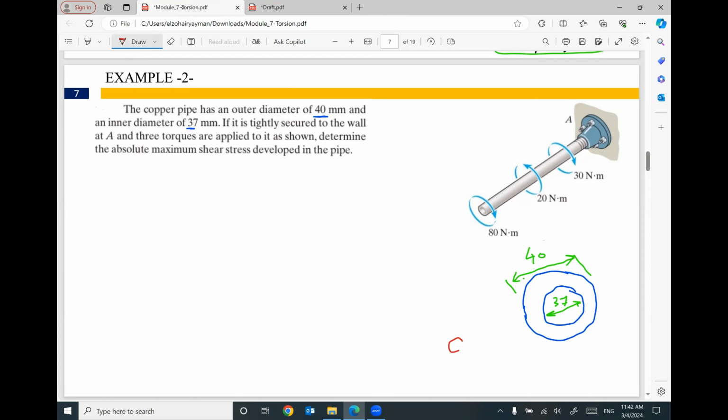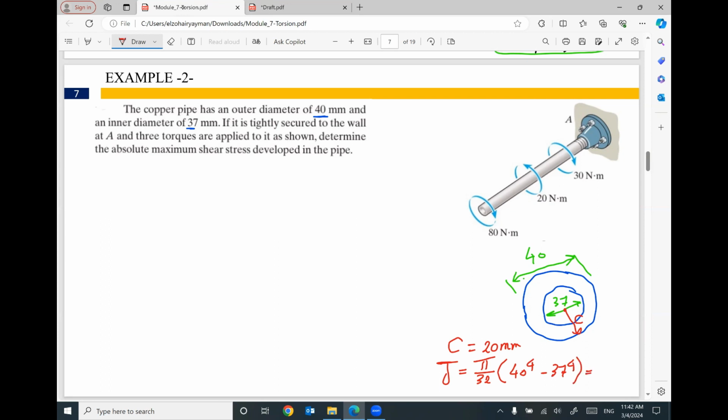So I can say the radius for this one will be 20 millimeter, measured from the center to the outer circumference. This is C. And J equals pi divided by 32, the outer diameter 40 to the power 4 minus the inner diameter 37 to the power 4.